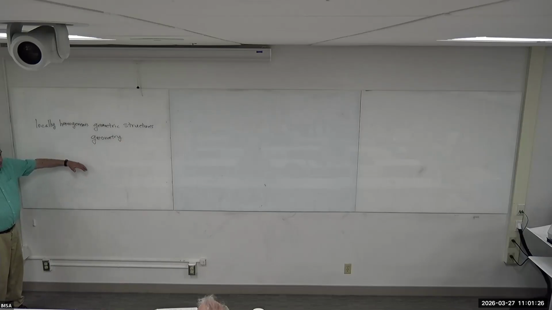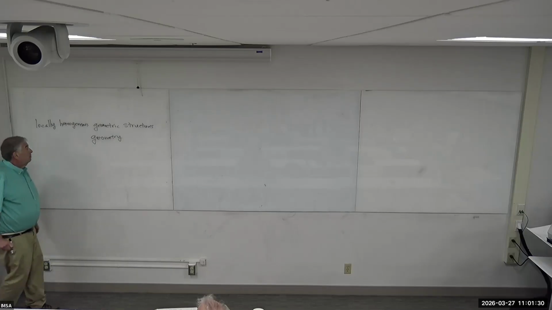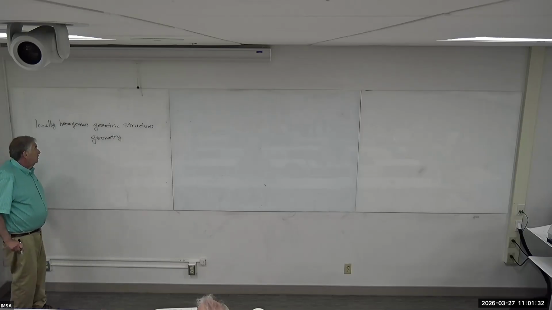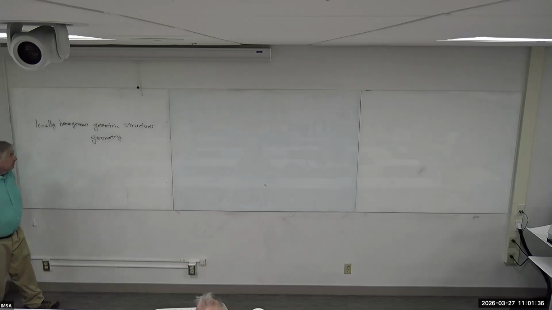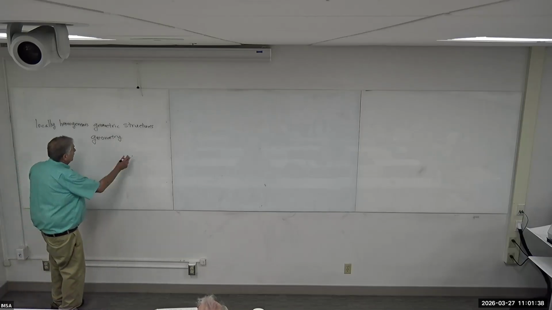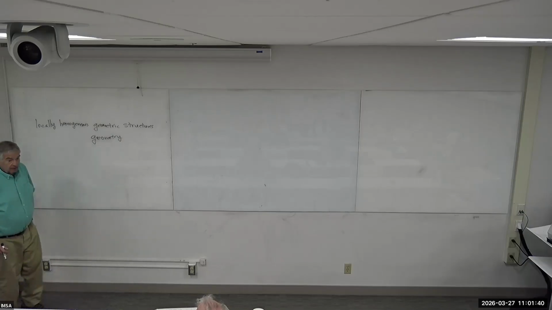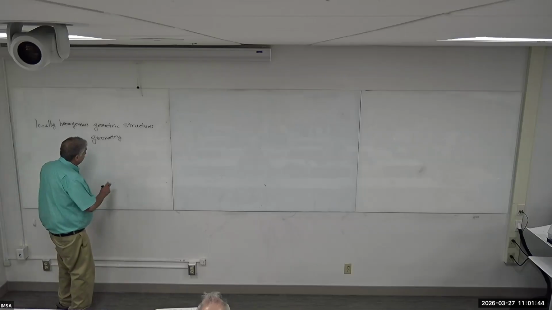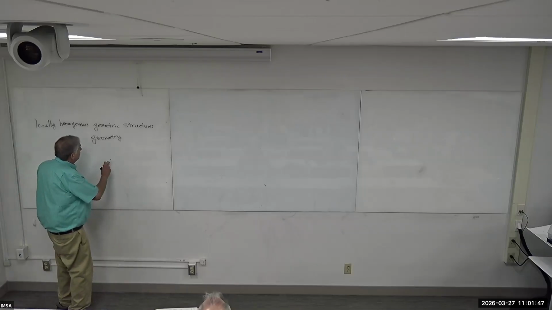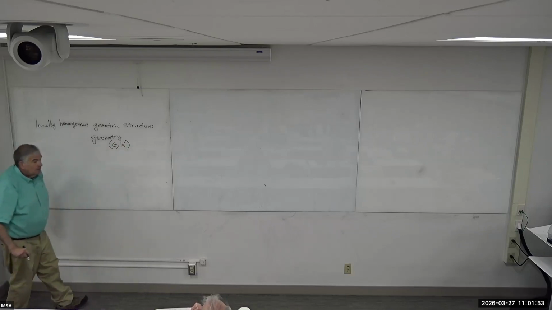And nowadays, I'm going to take a point of view developed in the late 19th century by Sophus Lie and Felix Klein, that a classical geometry such as Euclidean geometry, projective geometry, conformal geometry will be defined by a homogeneous space.